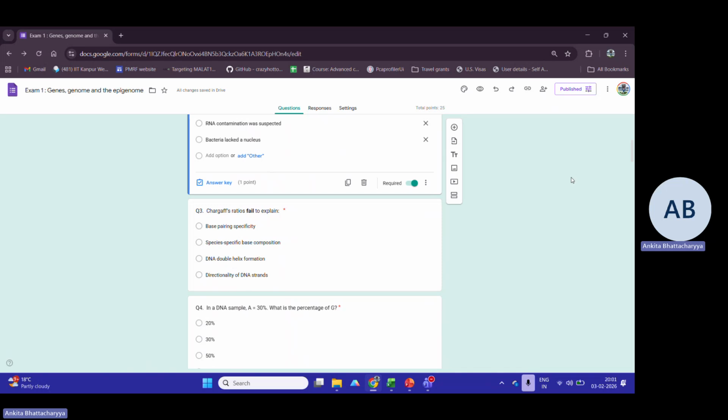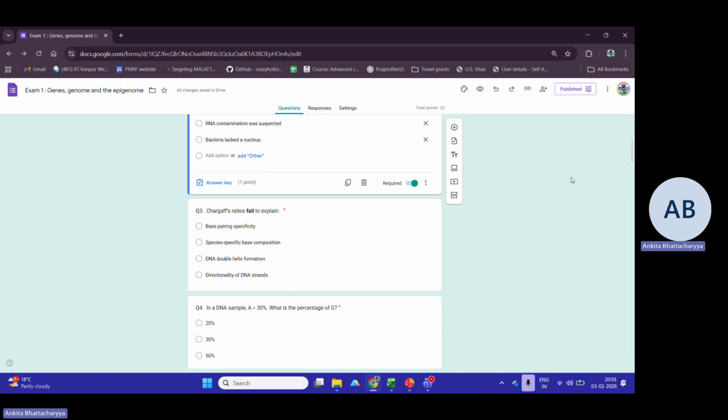Then Chargaff's ratios, what do they fail to explain? If you remember Chargaff's rules or Chargaff's ratios, while his rules have been transformative in the recent past, initially they failed to explain a few details. What are those?